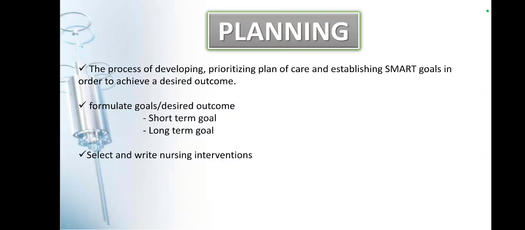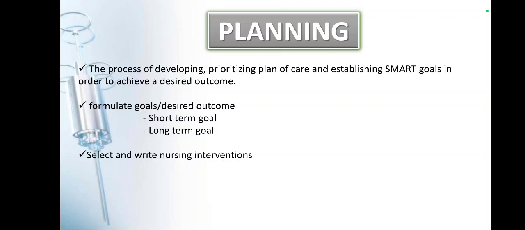It should not be through imagination. It should be time bounded. So S, specific, M, measurable, A, attainable, R, realistic, and T, time bounded. So it's very important that you have the duration of your goal, whether it's a short-term or long-term goal, in order to achieve the desired outcomes.